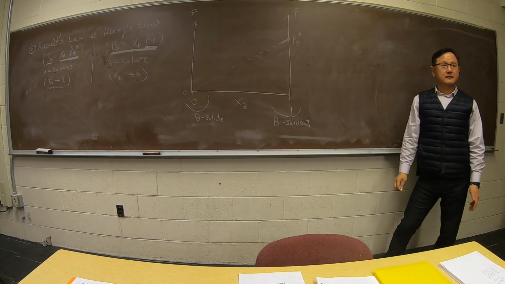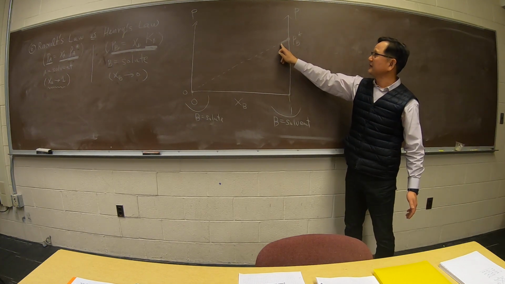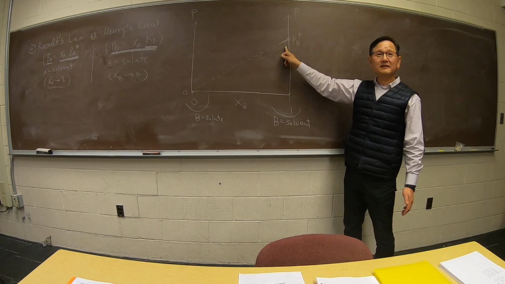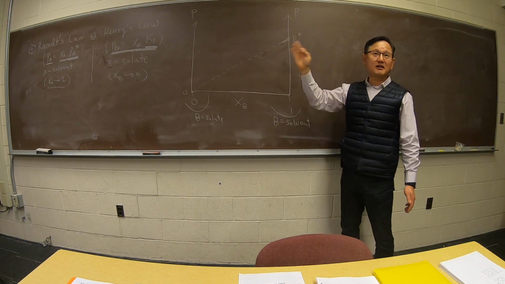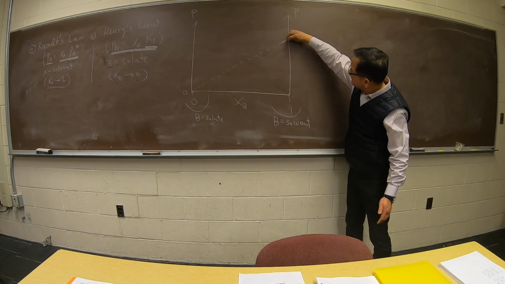So that's the region where Raoult's law works. Maybe 100% down to 99%. Maybe you're pushing your luck if you're at 95% or something like that. So that's the one that is true.